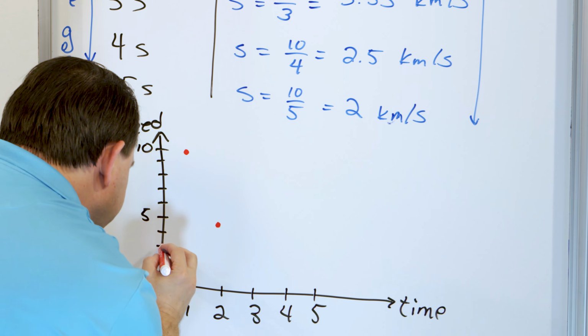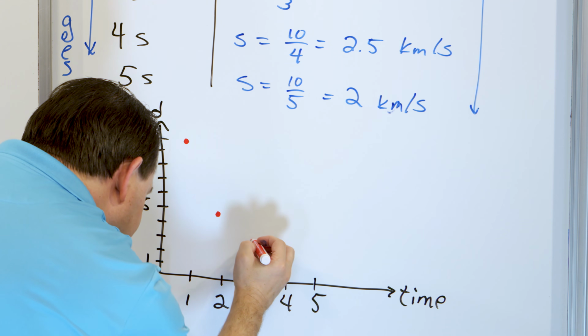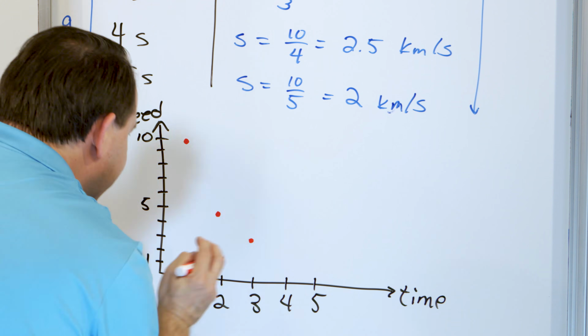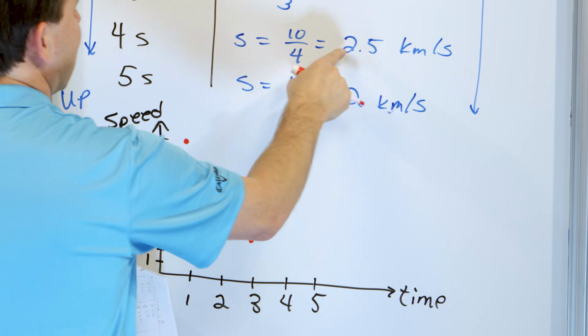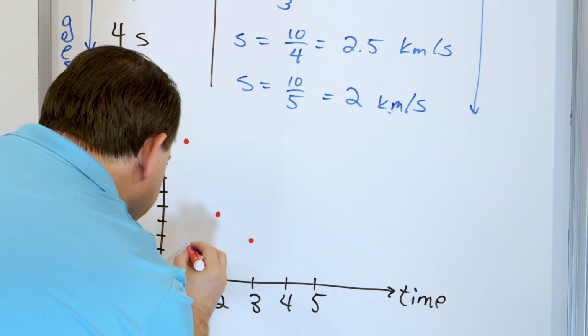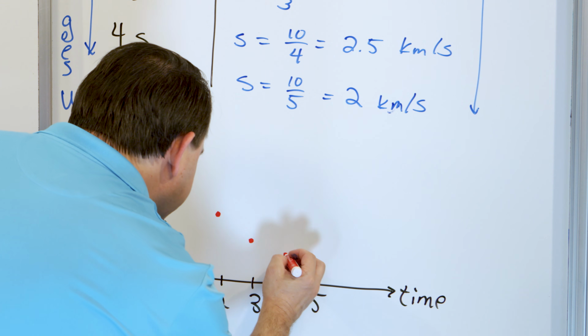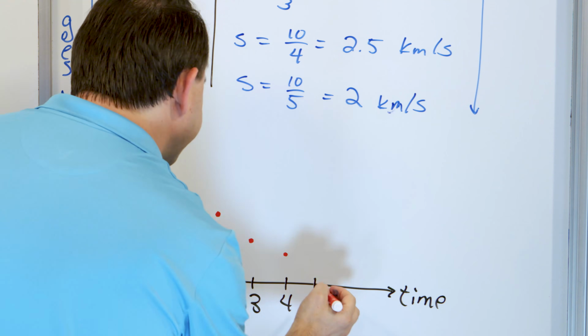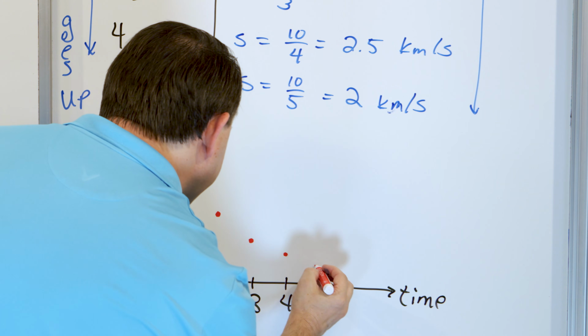Here's 1, 2, 3, and I'm going to go just a little bit up from that. It's not exact. 4 comma 2.5 is going to be somewhere around here. And then 5 comma 2, right down here.